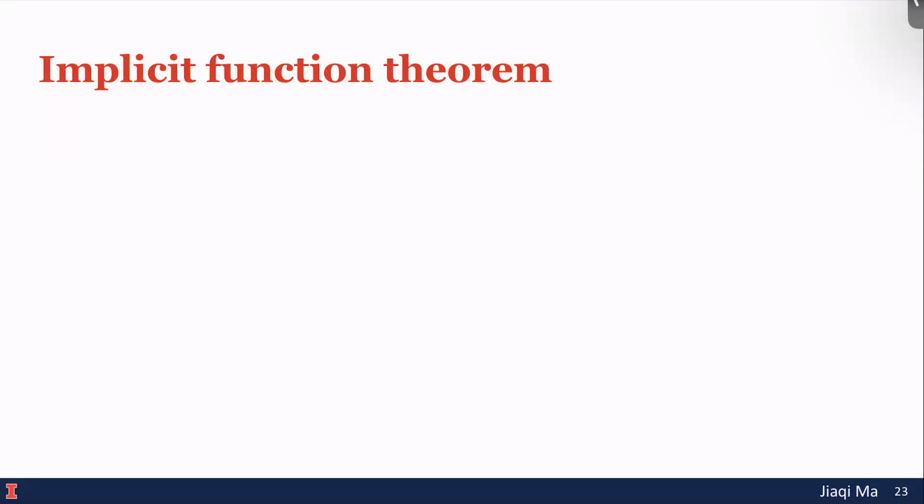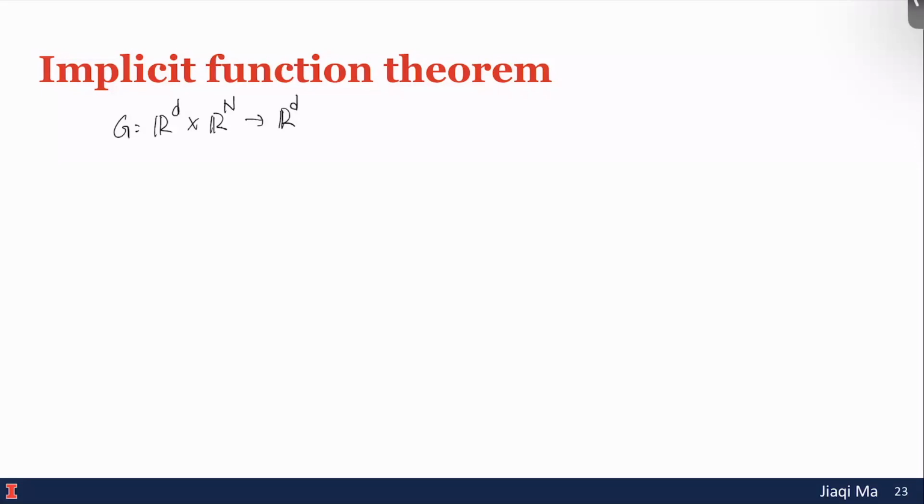So I'm going to write this theorem in the notation we just defined earlier, to help you review it. We know this G function is a function mapping from R^d times R^n to R^d.